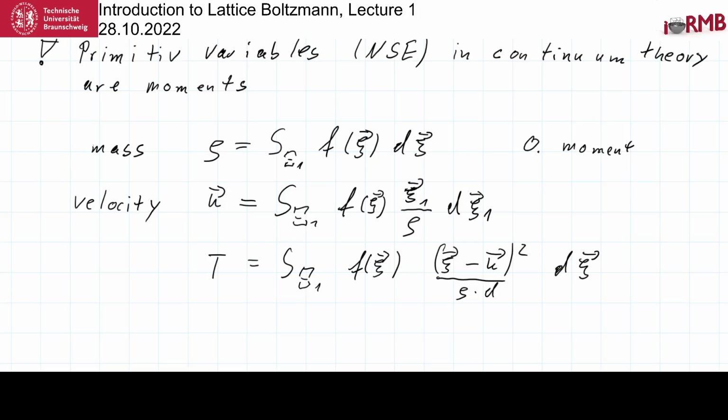Because u, the macroscopic velocity, would be the kinetic energy of, say, the air that we are looking at, and if we subtract this, then the rest is the thermal energy, and the thermal energy, of course, gives us the temperature if we take it intensively.